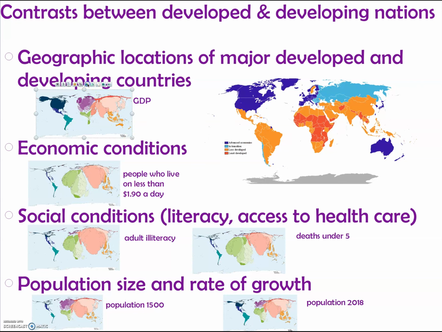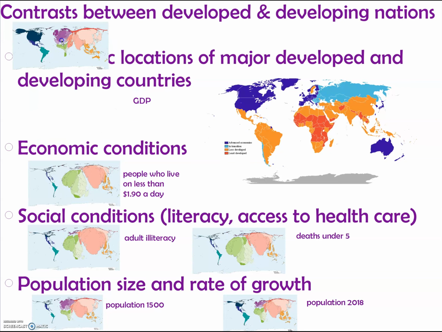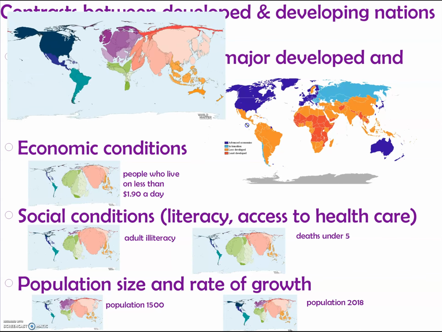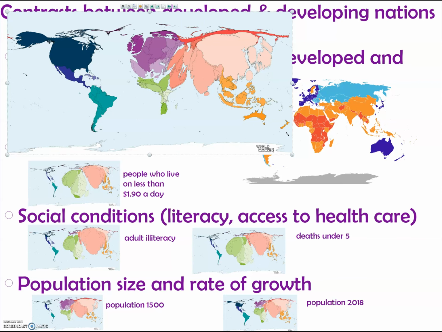They are amazing for taking the world and distorting it. This one is distorted based on gross domestic product, which is a marker we use for the size of your economy. So the countries get bigger or smaller based on that particular number. It doesn't have anything to do with population.